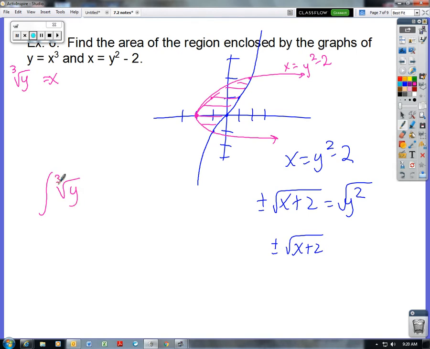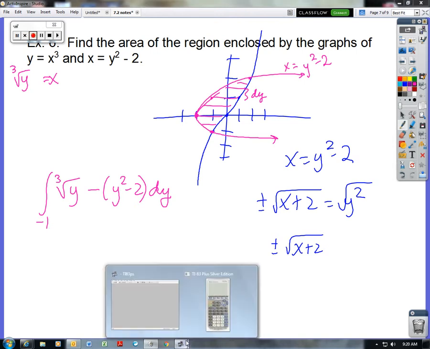Because the thickness of our rectangles is dy, all of these variables have to be in terms of y. And then minus the left-hand one, which is y squared minus 2, dy. So notice everything's in terms of y. And then we have to find where they intersect. This one is definitely 1 or negative 1, negative 1. And the other one we have to calculate on our calculator.